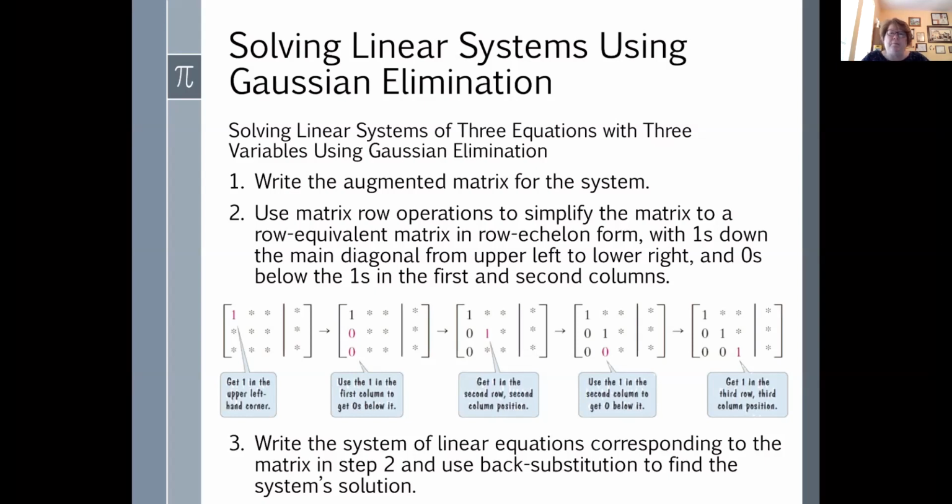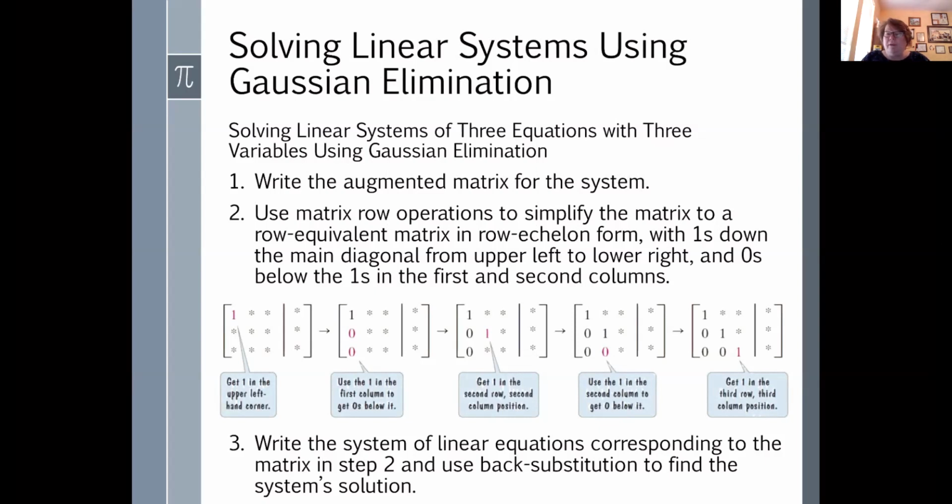So here's the step-by-step method for solving a system of equations using Gaussian elimination and row echelon form. Write the augmented matrix. And now, instead of doing step 2 the way they do step 2, we're going to take our augmented matrix and put it in our calculator, and let our calculator do the row operations for us and put it in row echelon form.